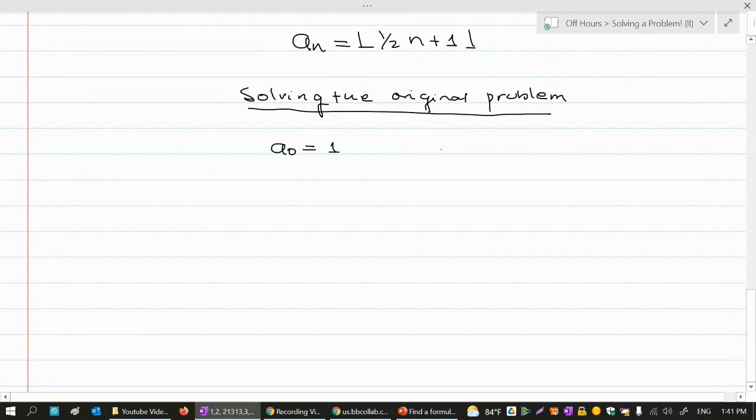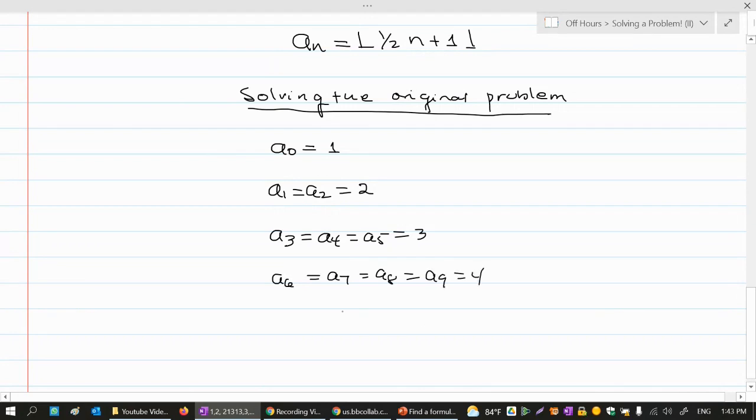Now a sub 1 is equal to a sub 2 is equal to 2. a sub 3 is equal to a sub 4 is equal to a sub 5 is equal to 3. a sub 6 is equal to a sub 7, which is equal to a sub 8, is equal to a sub 9, is equal to 4, and so forth. So I want you to notice the following.